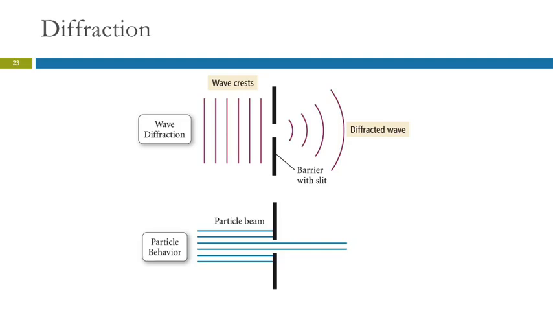And you can observe this with waves on water. When particles encounter a slit, if they hit the barrier, they bounce back or they stop. If they hit the slit, they just go straight through. So waves and particles behave differently when they encounter a slit in a barrier.